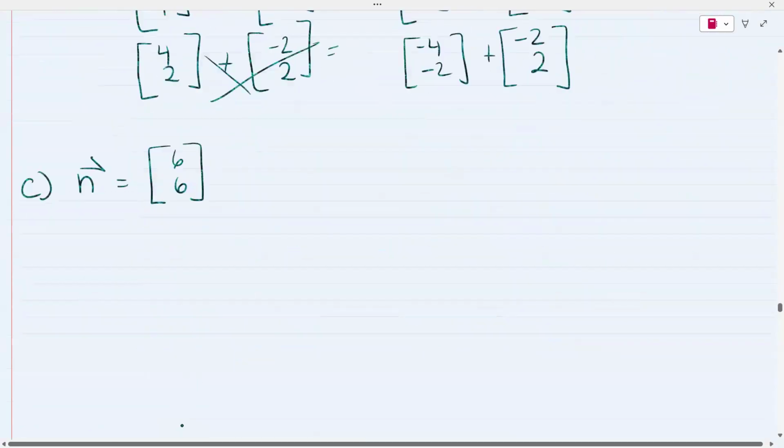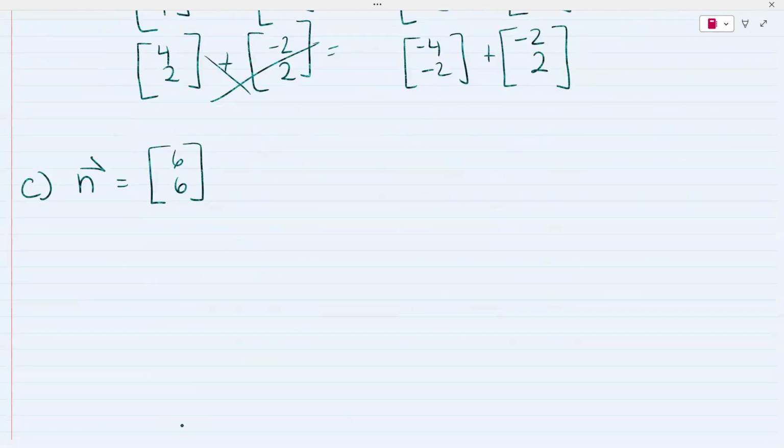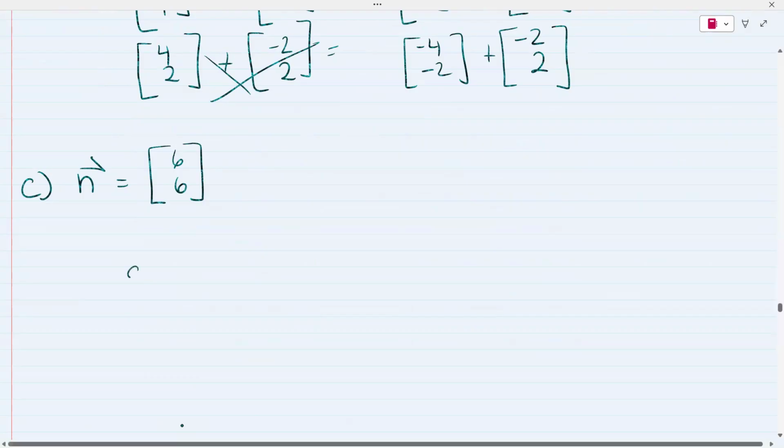Okay, what about c? Our new vector is 6 comma 6. So you would set it up as a v1 plus b v2, and then it's going to equal 6 comma 6, right? So if we set it up, we got to figure out our a and our b.